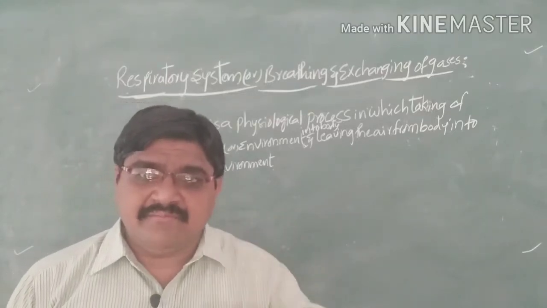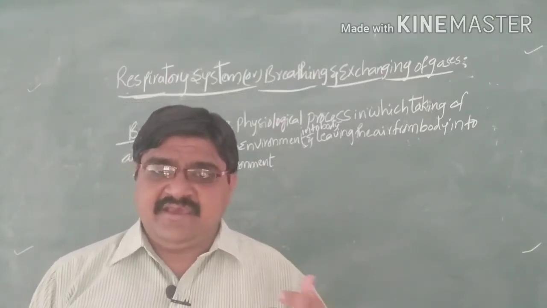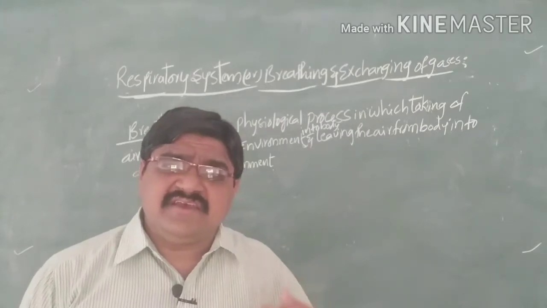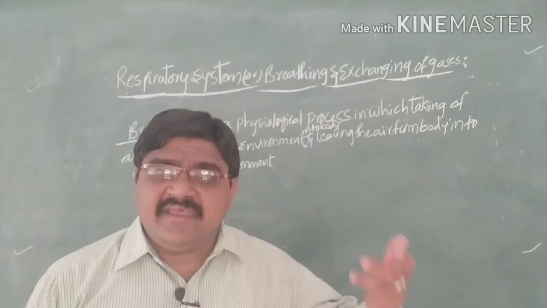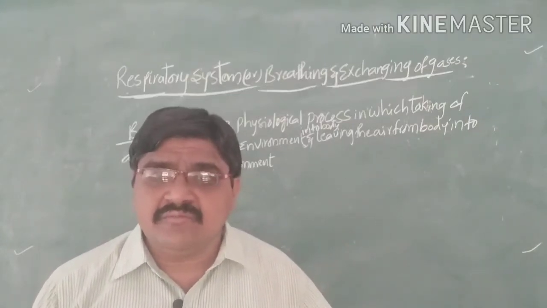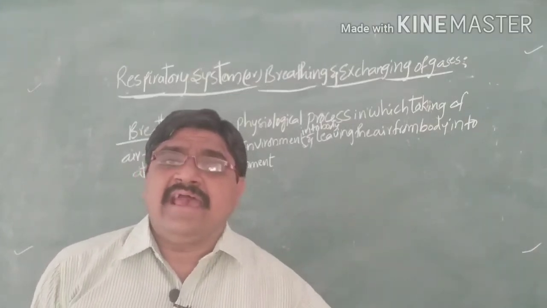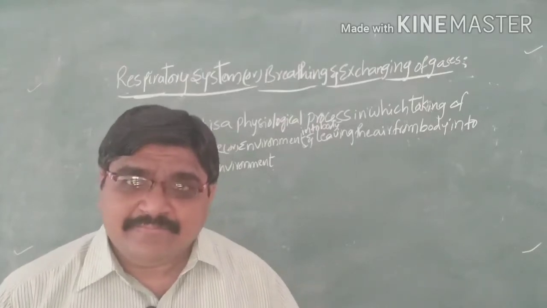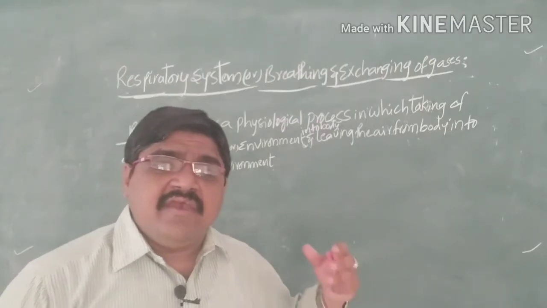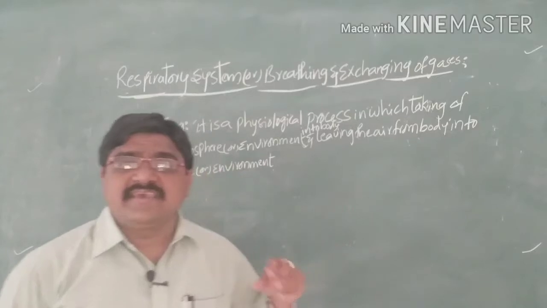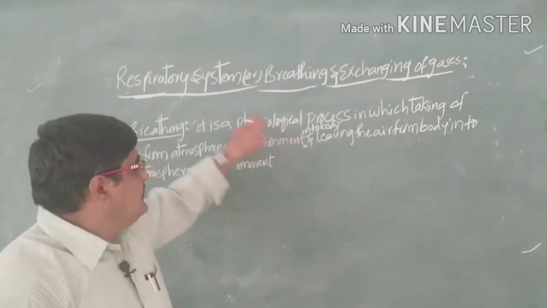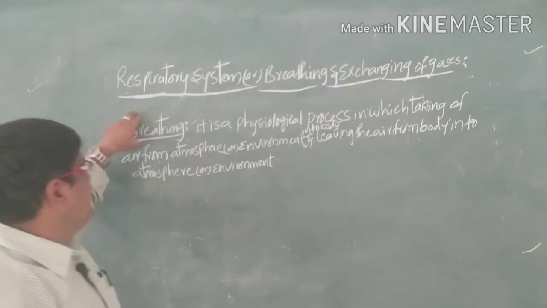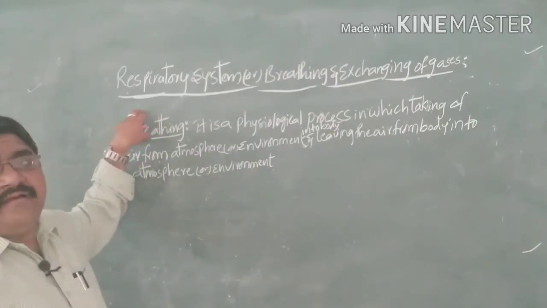That means inspiration, inspiring oxygen into the body, and expiration, expiring carbon dioxide into the atmosphere. It is a very simple physiological process which takes place in our body, and this process we call breathing.